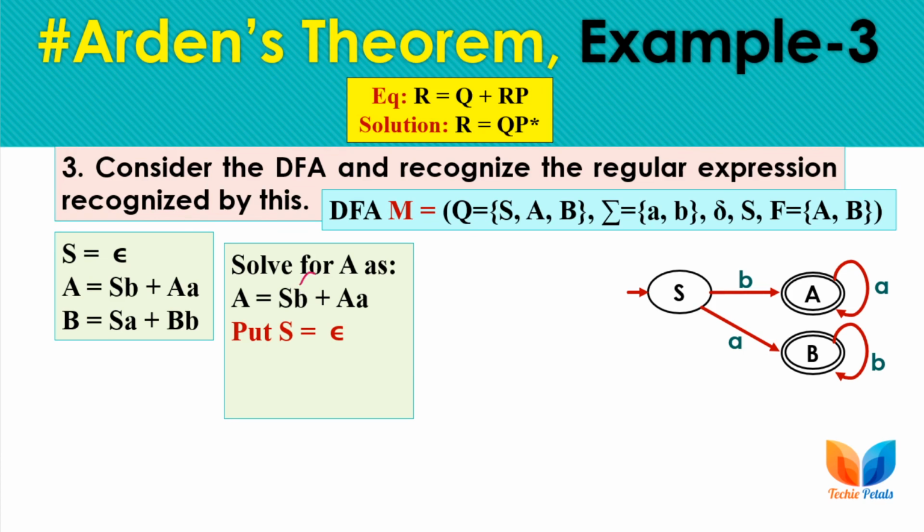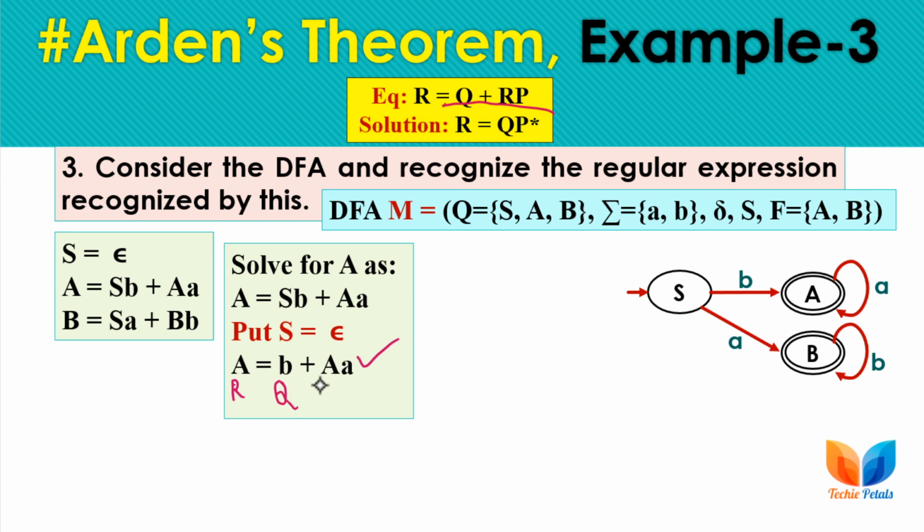So solving the expression for A first, here we have S, B and A. Just substitute the equation corresponding to S in the result. We are getting this as the expression. Now we can equate this equation with the Arden equation, as this is forming the R and this is the Q. Here Q is not null.